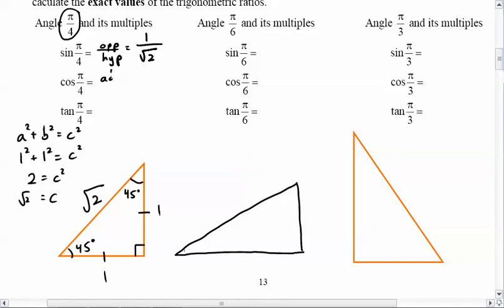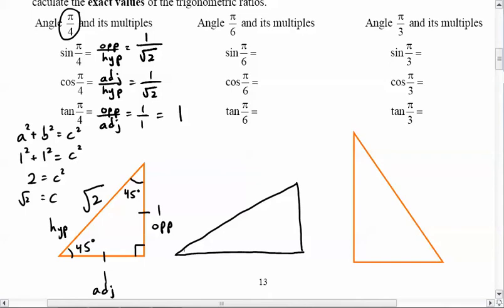Cosine is adjacent over hypotenuse. So that's also 1 over root 2. And tangent is opposite over adjacent, which is 1. So tangent of 45 degrees is always 1.